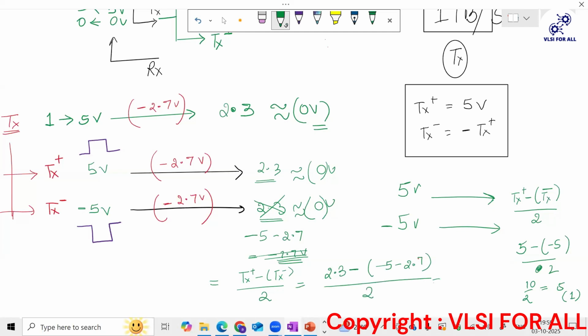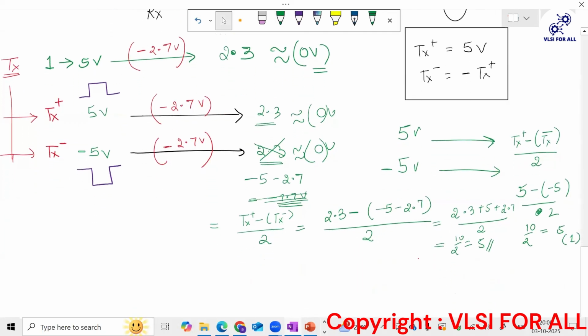So this will become 2.3 plus 5 minus of 2.7 divided by 2. Oh, sorry, plus, divided by 2. So what value will this become? This will become 10 by 2, which is 5 itself. That is, it will be exactly the same value irrespective of any noise, anything.